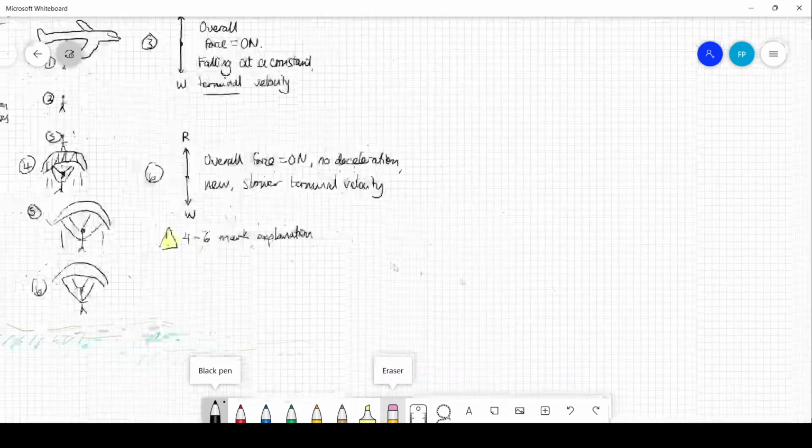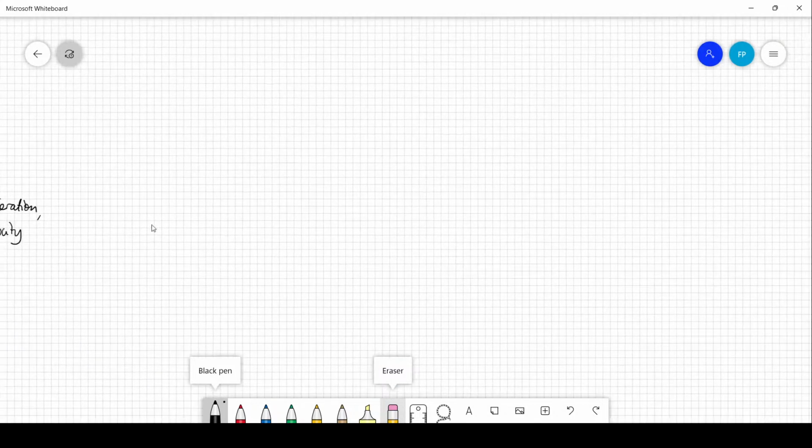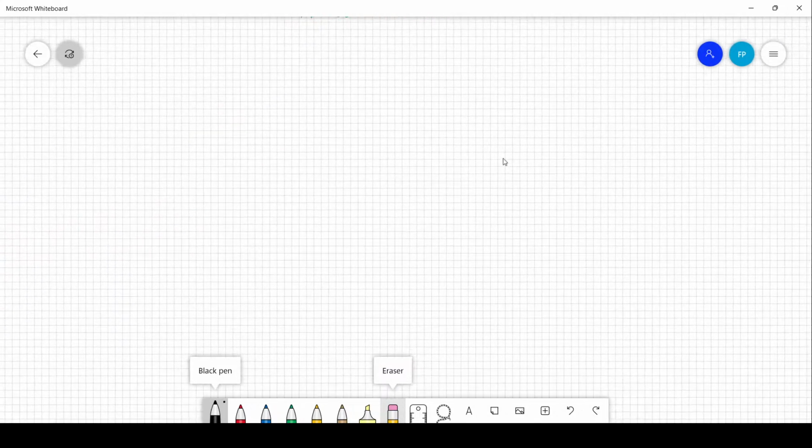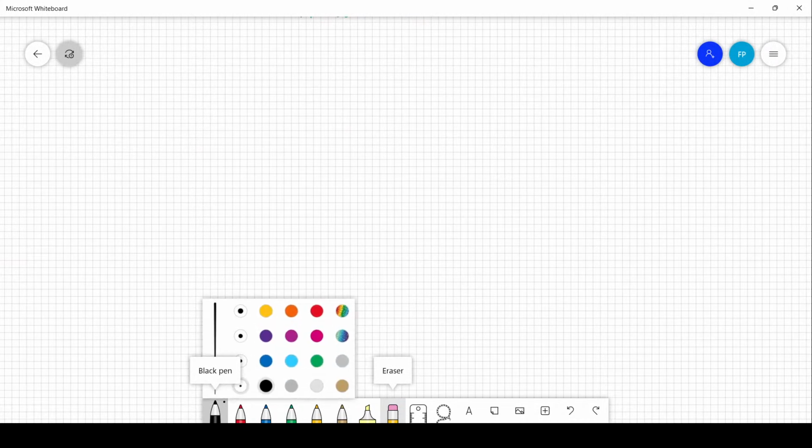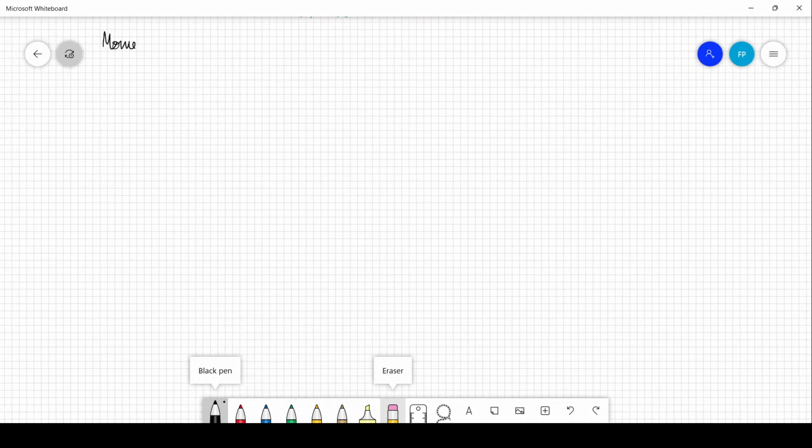The last thing we'll look at now is momentum. So momentum is based on an object moving. So momentum equals mass times velocity.